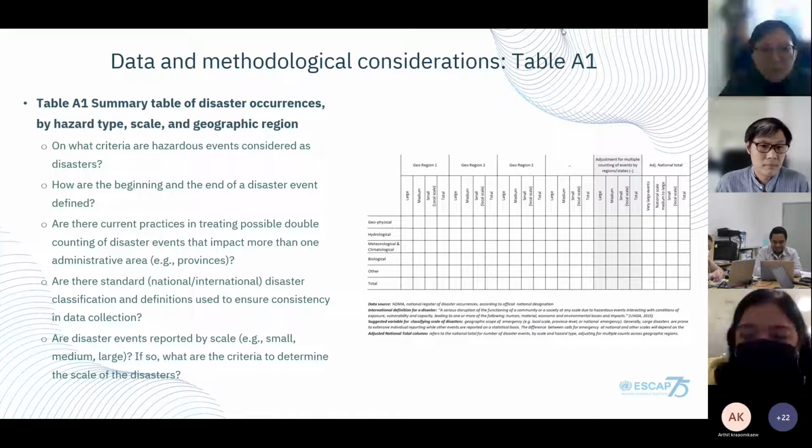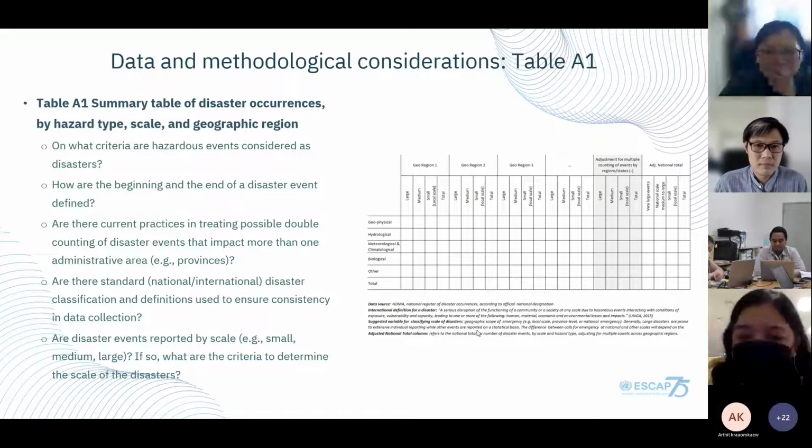The Department of Social Welfare also reports the same data set but with different figures. And the Office of the Civil Defense, under the National Risk Reduction Management, has the same set of data but different figures. So these are really the challenges of different reporting.